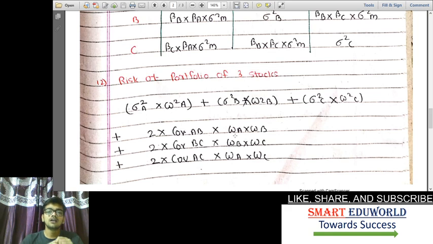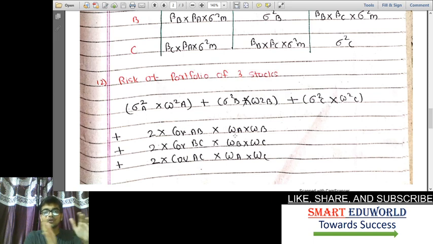So the formula is standard deviation square of A into weight square of A, standard deviation square of B into weight square of B, standard deviation square of C into weight square of C. So first of all we have covered all the squares, then plus 2 into covariance AB into weight of A into weight of B. The covariance AB formula is rAB into standard deviation A into standard deviation B, so this has been taken out and covariance AB has been put into the formula.